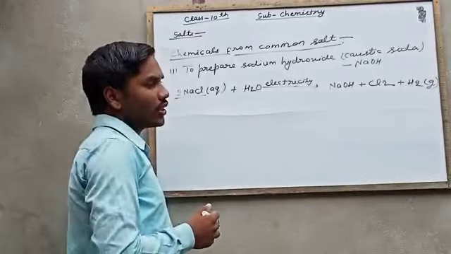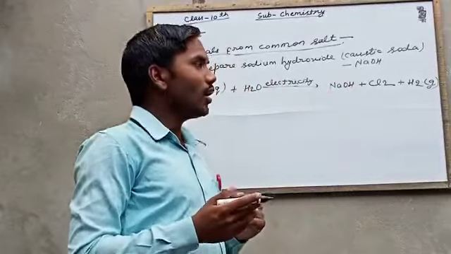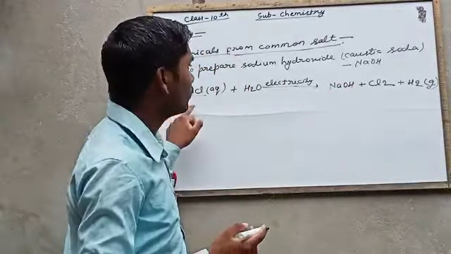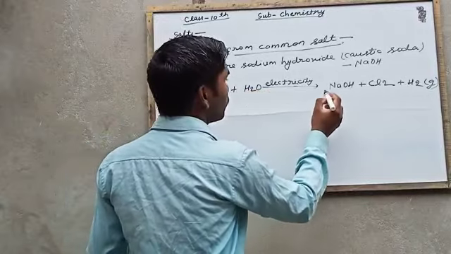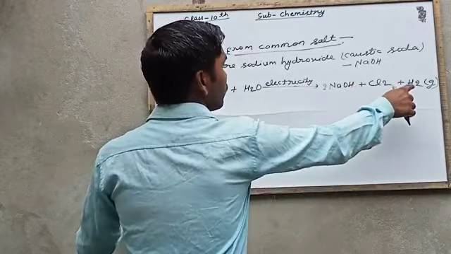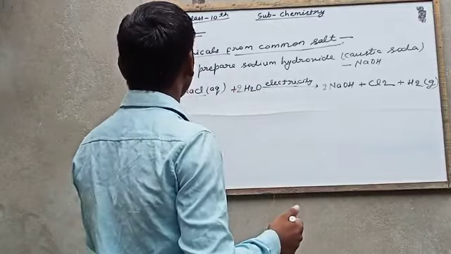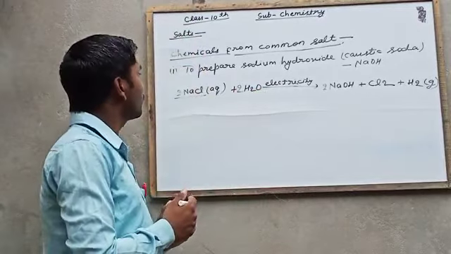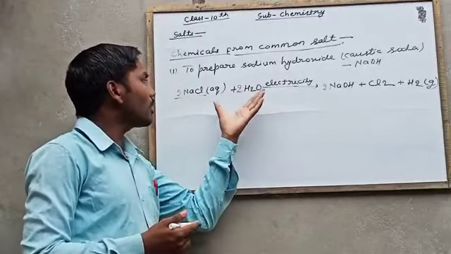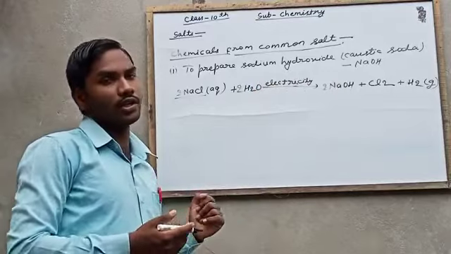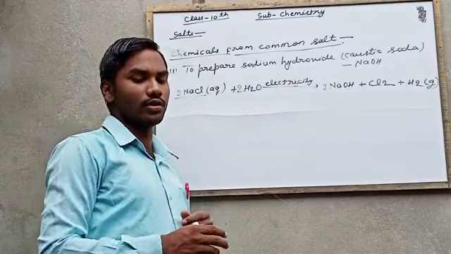When we pass electricity, it decomposes to sodium hydroxide, chlorine and hydrogen gas. We can balance this equation. This is balance equation. So you see here that how sodium hydroxide is formed by using the sodium chloride or common salt.